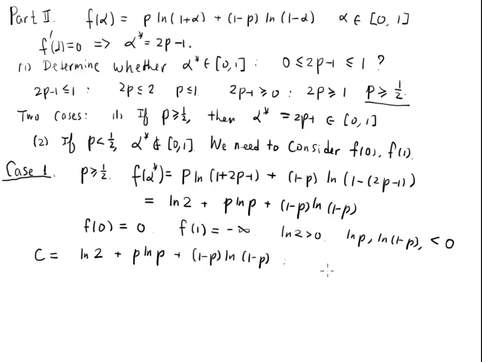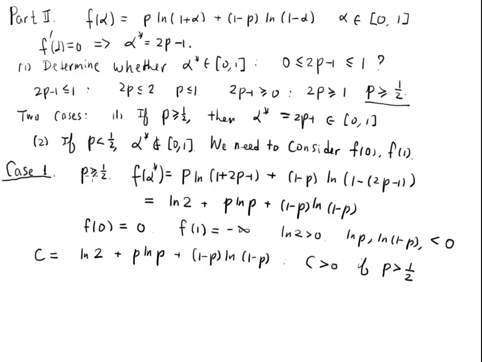We can show that c is greater than 0 if p is greater than 1/2. Now, if p is exactly 1/2, you will see this is 1/2 over here and this is 1/2 over here. c is going to be 0. So that is the situation.